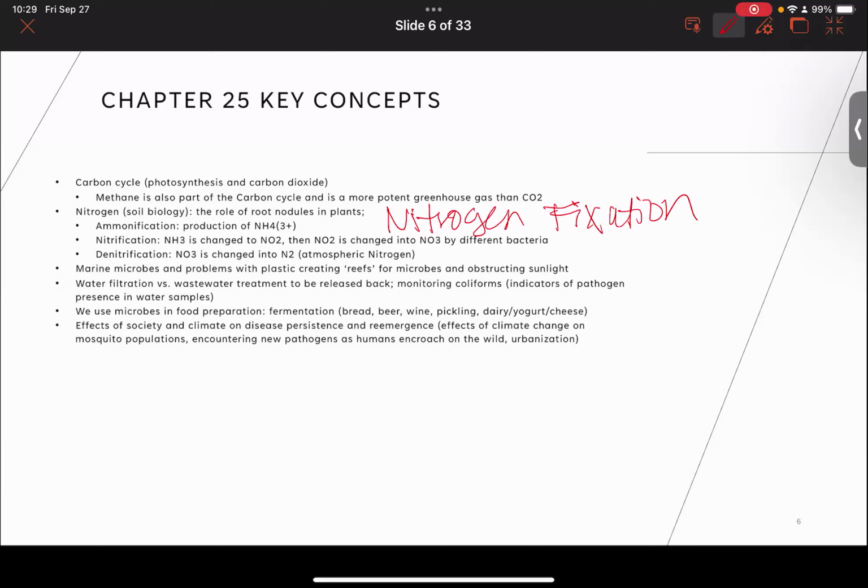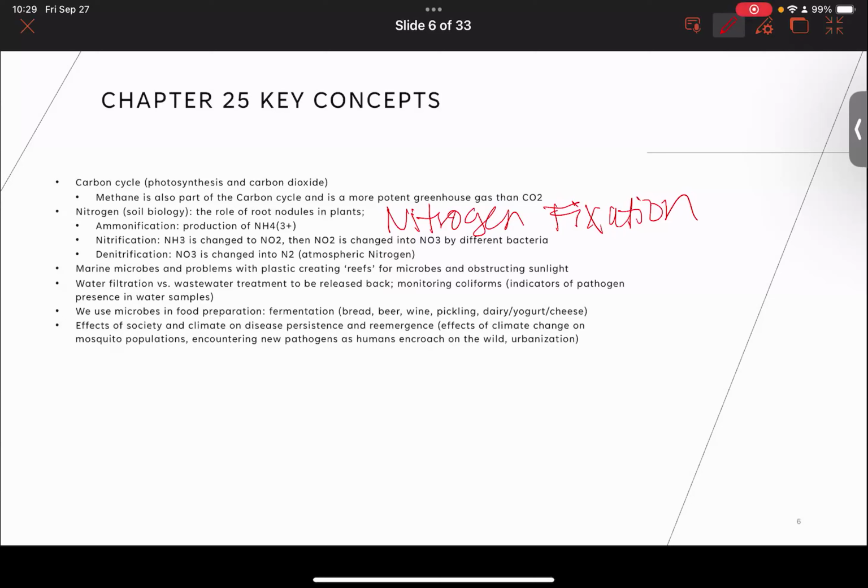All right, we talked about the problems with plastics that are in the ocean. Contaminating the ocean. About 80% of the ocean's surface is covered by microplastics at this point, which is a serious issue. Microplastics and larger plastics like bottles and things like that can create reefs in the ocean that can allow microbes to grow on them, or other colonies of things to grow on them where they shouldn't be, block out the light, use up nutrients in the area they shouldn't be, creating different nutrients in the area, changing the ecosystems completely.